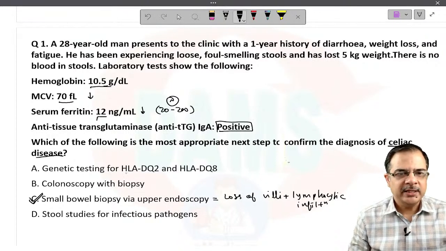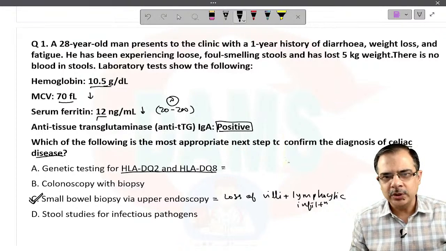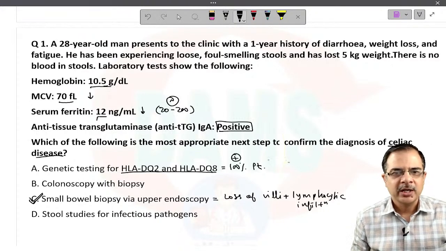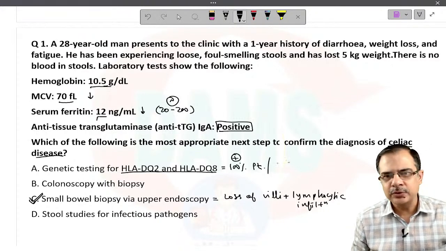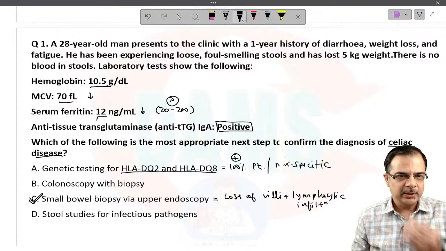While the first option, genetic test for HLA DQ2 and DQ8, is positive in 100% of patients of celiac sprue, it will not confirm the diagnosis because it is non-specific and costly, so it will not be the choice.